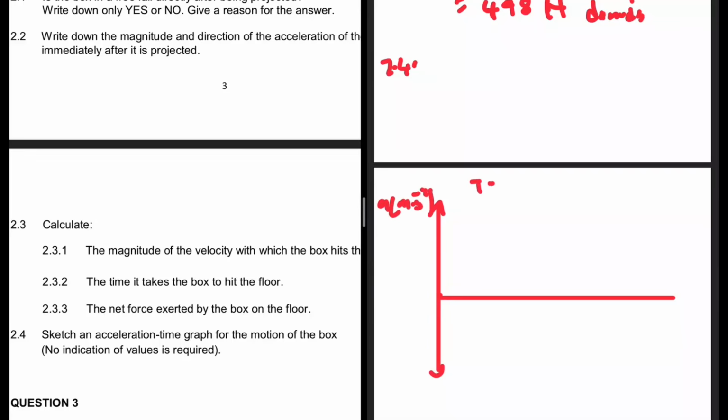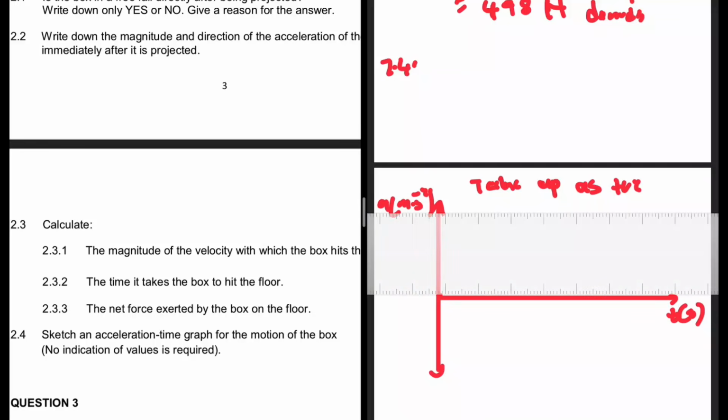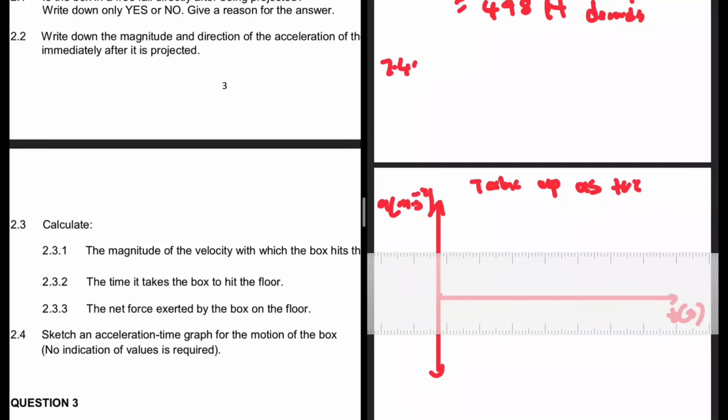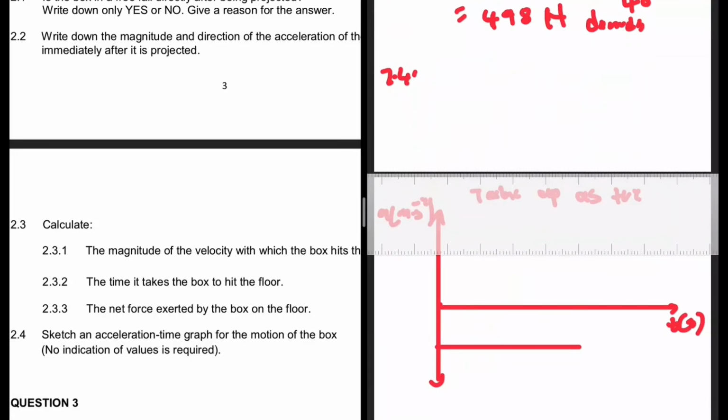So I want to take up as positive, right? And then this is time in seconds. So if I take up as positive, for the part of the motion where it is in free fall, we are gonna have minus 9.8, minus 9.8, but it strikes the ground and there's some acceleration when it strikes the ground.